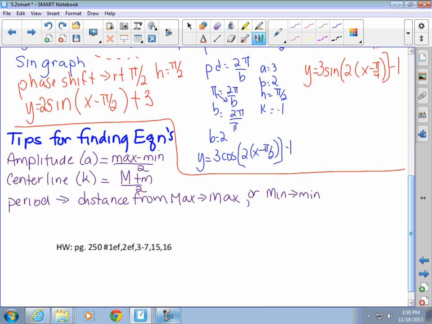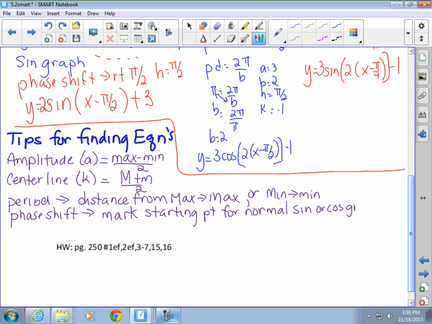And then your phase shift. To find your phase shift, mark your starting point for a normal sine or cos graph. And then just count, okay?